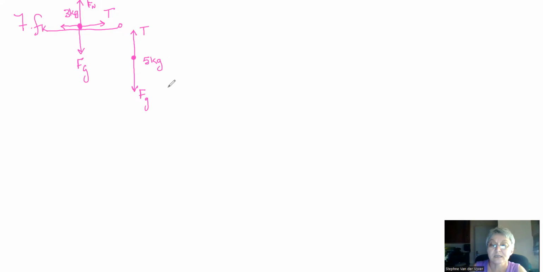Because the system is accelerating, this tension is less than the gravitational force, and it has the same size as the tension in the string where it is joined to the 3 kilogram object. So here we have two objects joined, and each object has its own free body diagram.